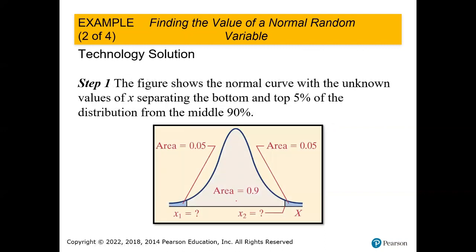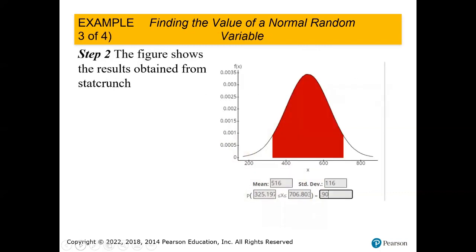You can see here, area between is 90, which means I have 5% below and 5% above because I've split it. So you can see the between gave us the exact same values.